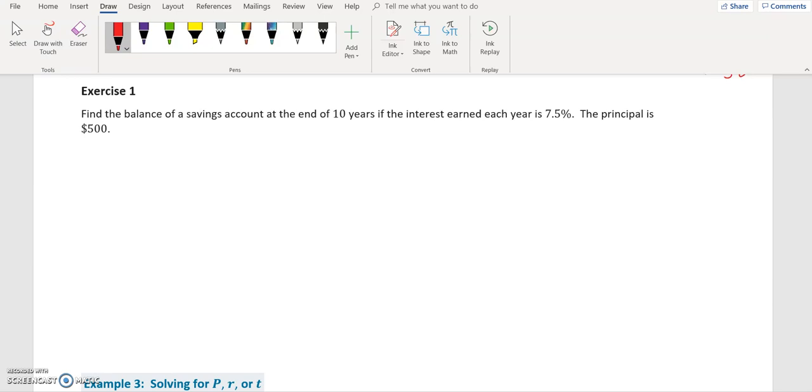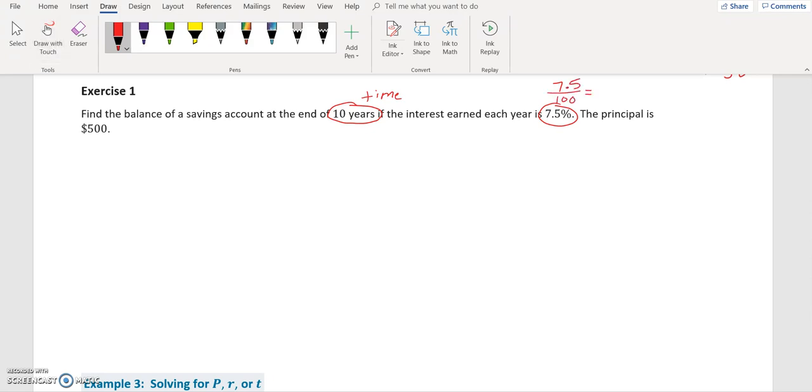Okay, exercise number 1. Find the balance of a savings account at the end of 10 years. Okay, 10 years, that's a time. I know years is time. If the interest earned each year is 7.5%, percent always goes over 100, so 7.5 over 100.